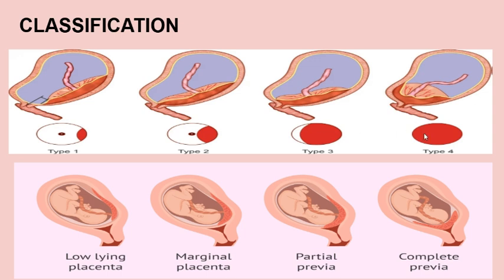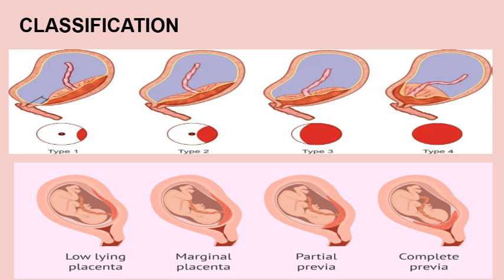And in type 4, the placenta has completely covered the internal os, and it's what we call a complete placenta previa. These classifications can be specified into anterior and posterior. So if you have a type 2 placenta previa and the placenta is posterior, it will be referred to as type 2B.